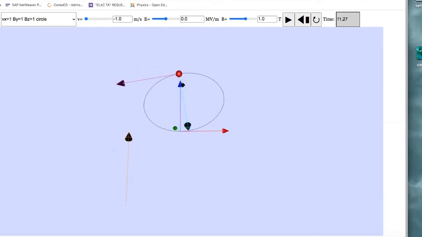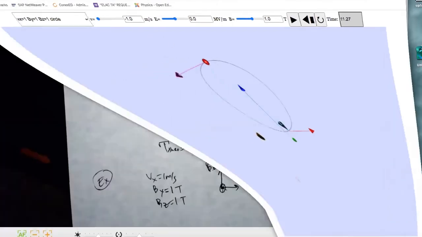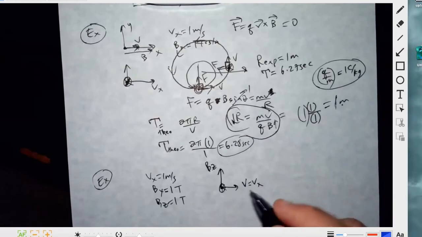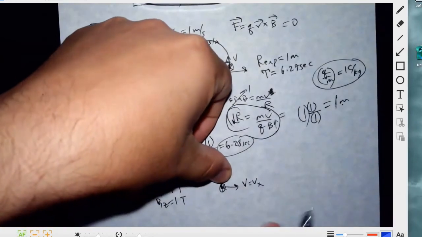Oh, it looked like an ellipse because we were looking at it with that angle. Let's see here. It's actually a circle. It's actually a circle in 2 planes. So what's going to happen is that it's making 2 circles.